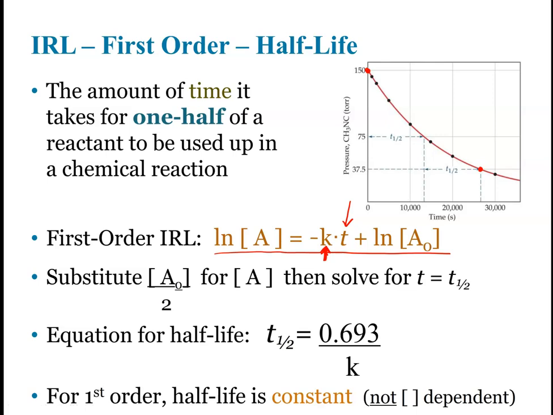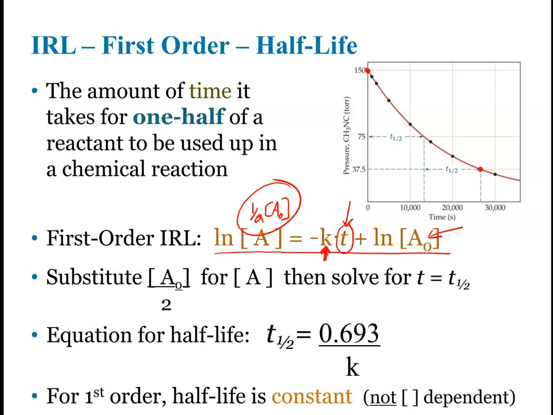And then you would plug in the initial concentration of A here. Then you would plug in half of the initial concentration of A here. And then you'd rearrange the equation and solve for the time. And that would be the time for the amount of reactant to go down to half of what it initially was.